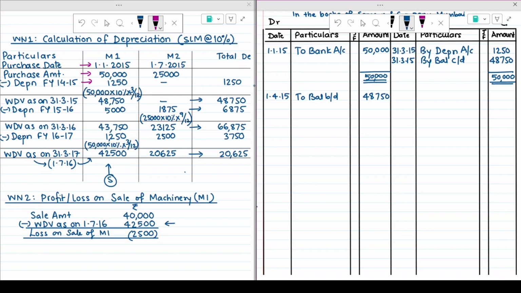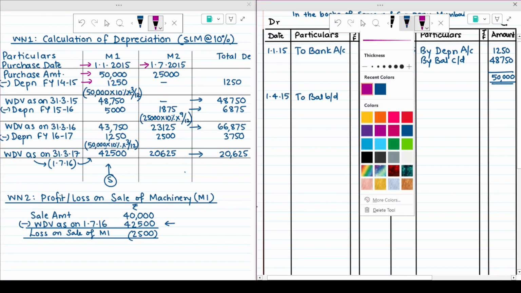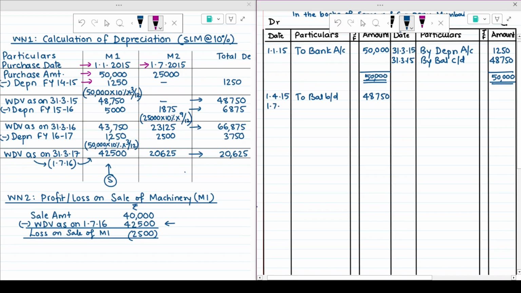In the second year, another machinery was purchased on 1st July 2015. So we'll first pass that entry. On 1st July 15, we paid through bank. Machinery account debit to bank account. The amount is 25,000.